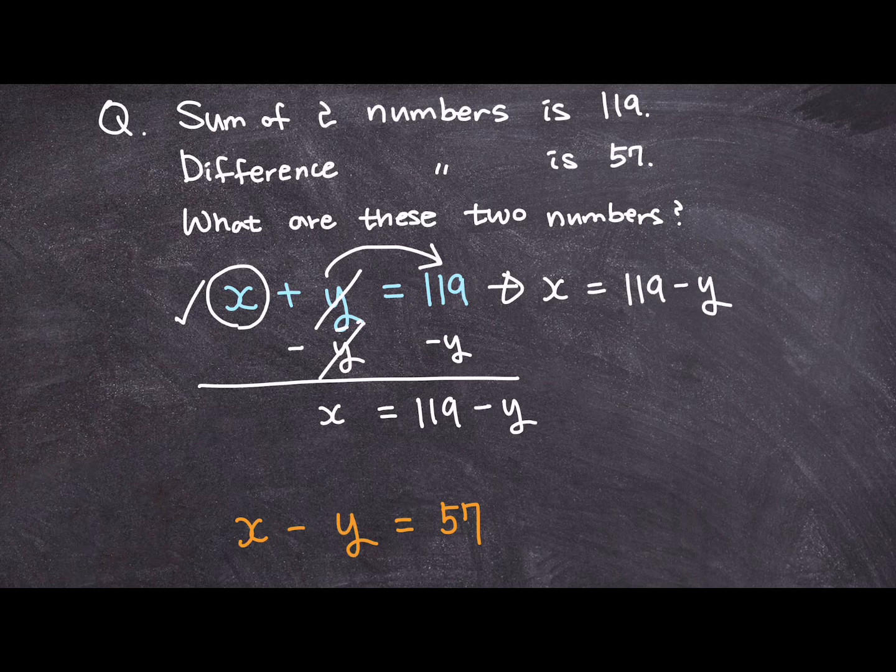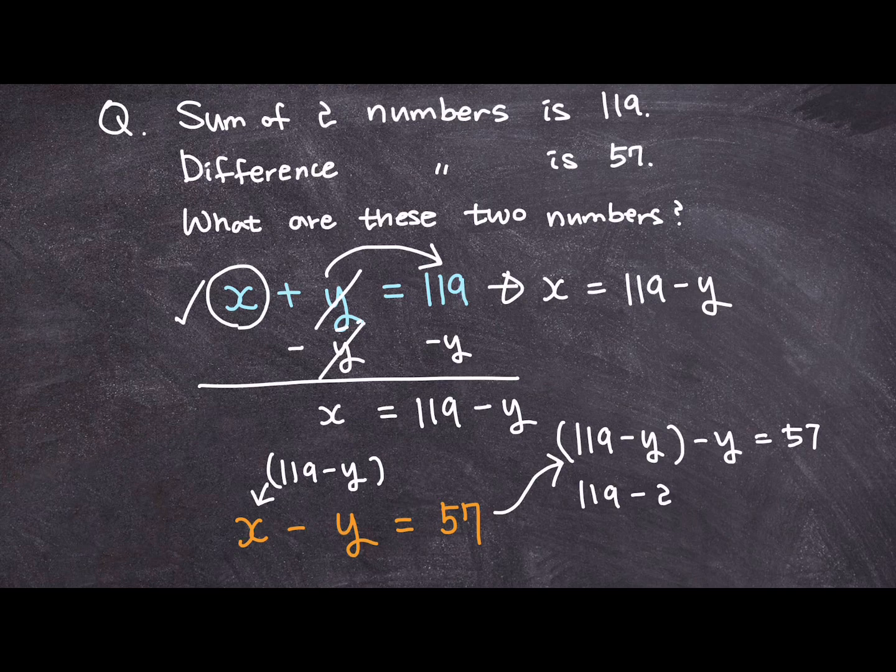For that second equation, which is right here, I'm going to plug in 119 minus y in place of x. That way, in this new equation, I'll have only one variable, y, and solving that will be easy breezy. 119 minus y is equal to 57, meaning 119 minus 2y is equal to 57.